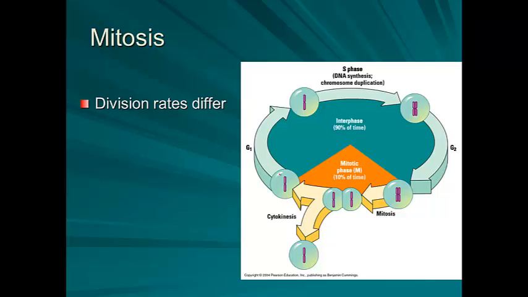The majority of the time, the cell is in interphase. This is a phase where the cell is just sort of chilling out, preparing to divide. As it's going around the cycle, there are a couple of checkpoints, which we'll talk about later. So as it goes around and around, it's going through different changes.